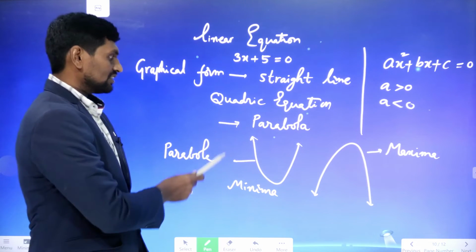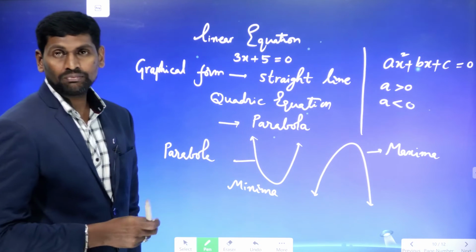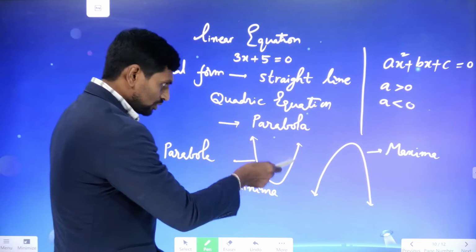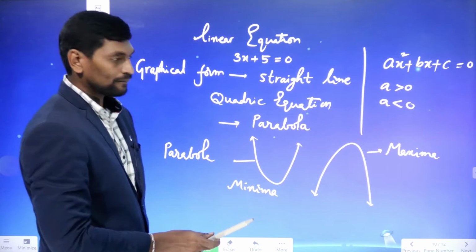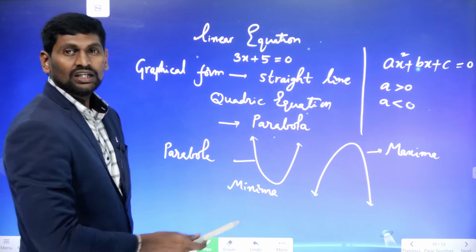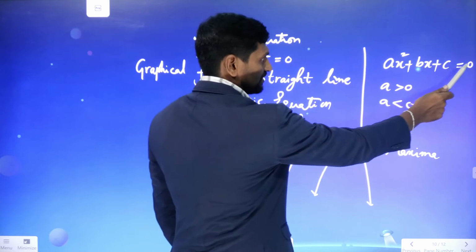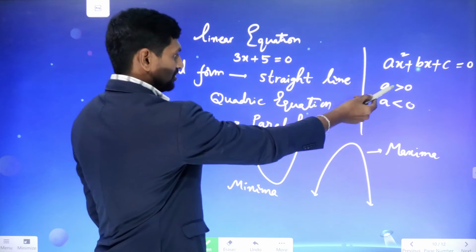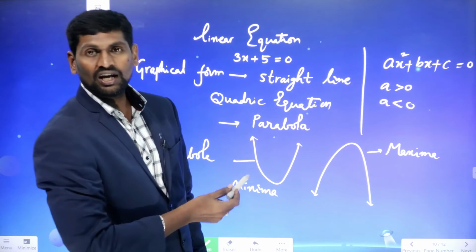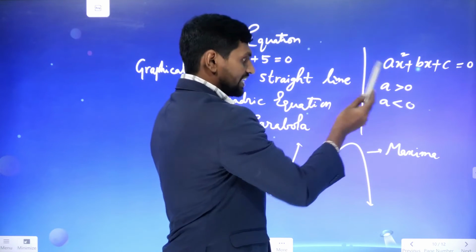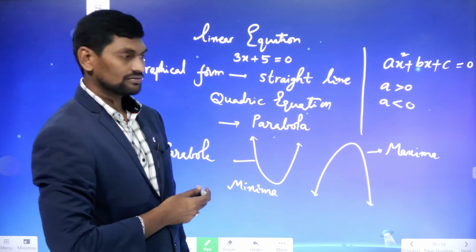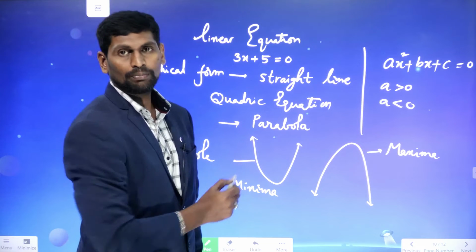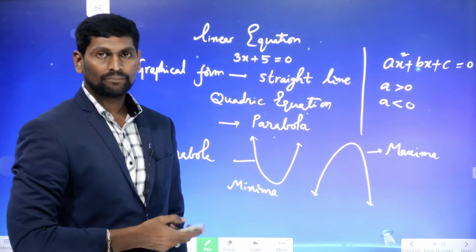Quadratic equation, graphical form will be parabola. There are two different types of parabolas. In the general form ax square plus bx plus c, when the x square coefficient is greater than 0, you will get minima, and when a value is less than 0, you will get maxima.